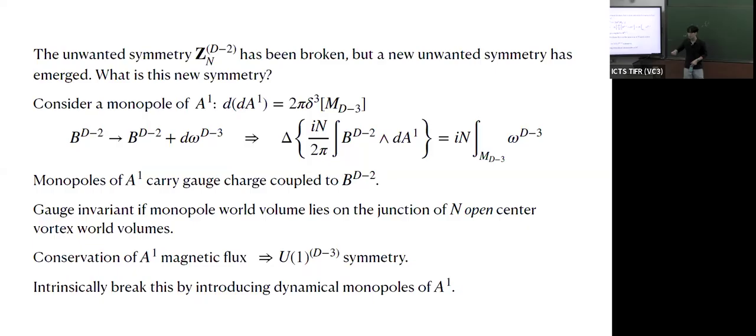And since you have a gauge invariant notion of a monopole, you then have a conservation of magnetic flux, and this implies a U(1) symmetry. You see, introducing vortices broke a symmetry we didn't want, that was emergent, explicitly, but it gave us a new one. We have to break this new one. And we can do that by introducing these monopoles as dynamical objects.